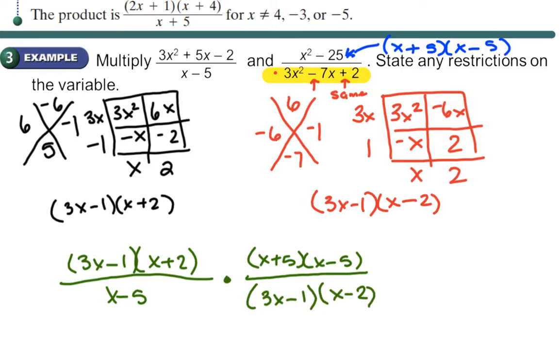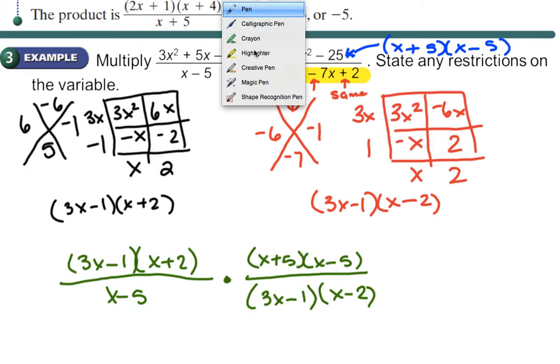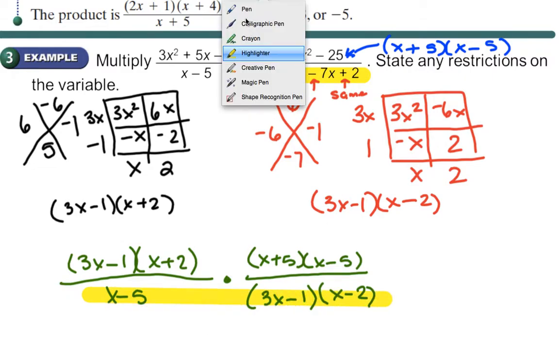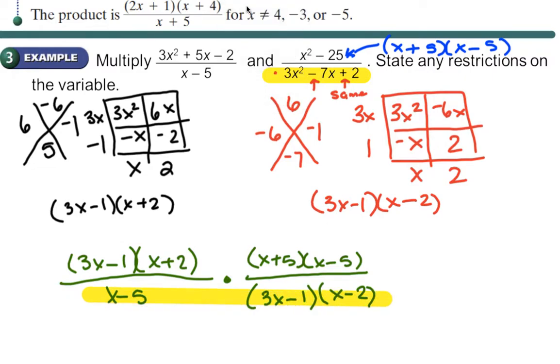Okay, before I go and start simplifying and canceling out like terms, I want to find my restrictions: anything that would cause my denominator to equal 0. So we would have x minus 5 is 0, x minus 2 is 0, and 3x minus 1 is 0.